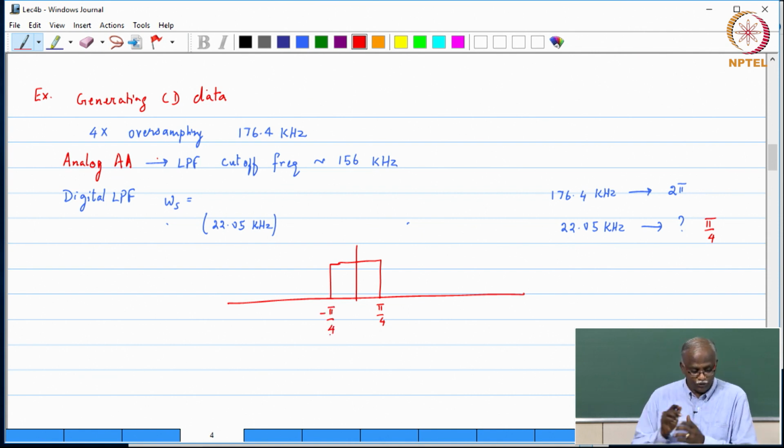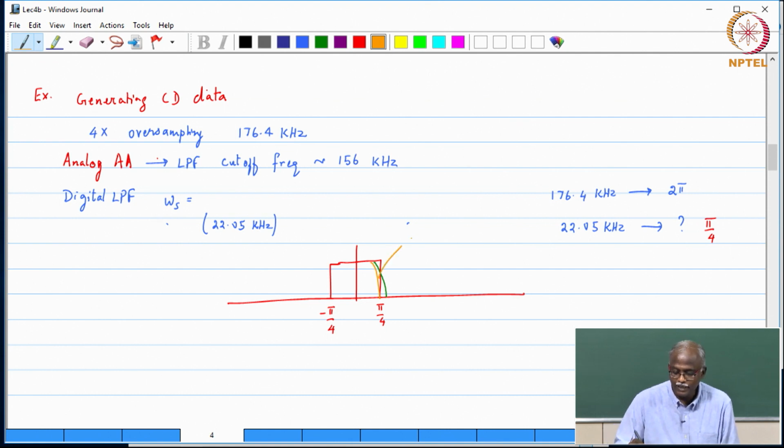That is if you could design an ideal low pass filter, but remember, this is a practical system. So, do I design a low pass filter that looks like this, or do I design a low pass filter that looks like this? Which one is the one that I am allowed to do? If I want to strictly satisfy the anti-aliasing property, I have to go with the orange one.